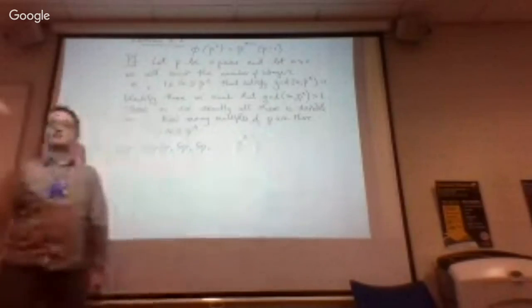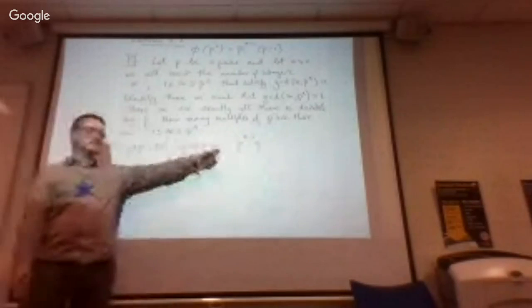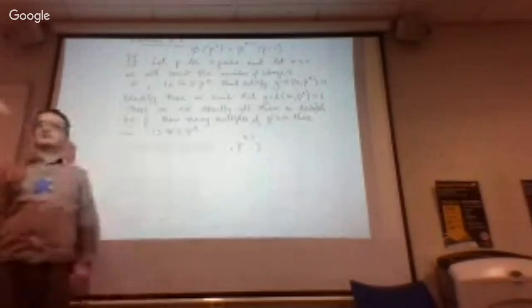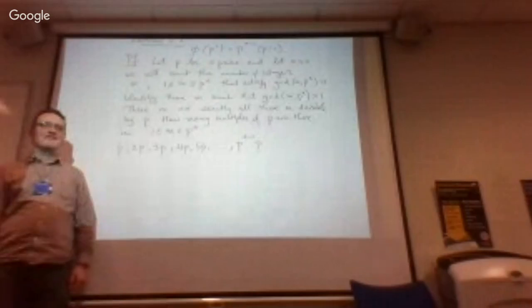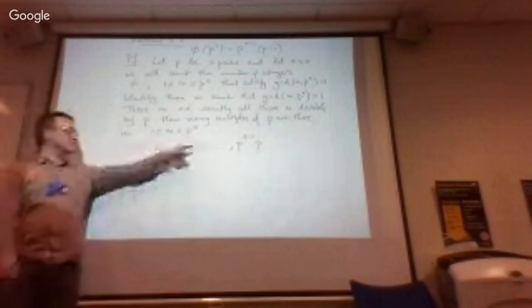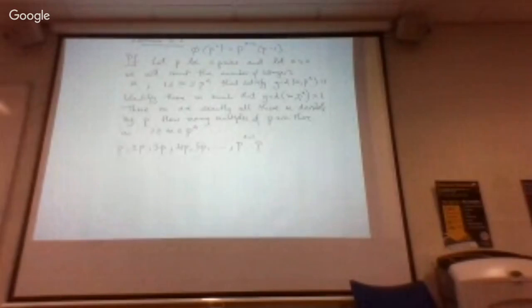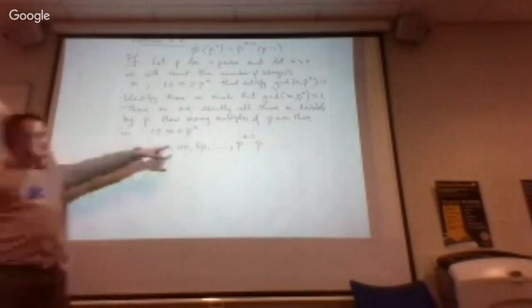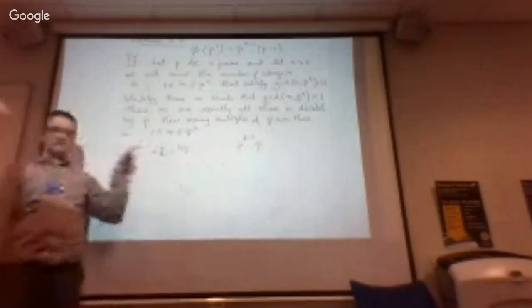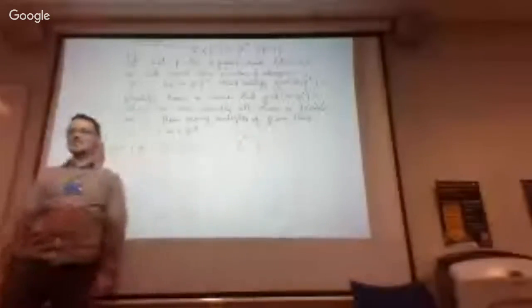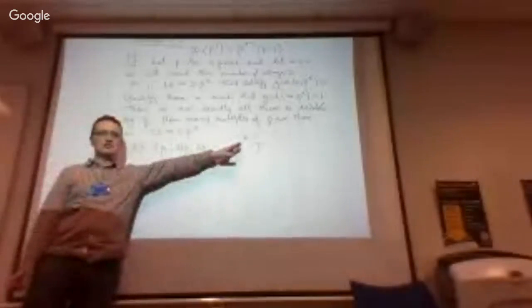So how many numbers have I listed there? It's unclear because there's a dot, dot, dot in the middle, but if you imagine the complete list, how many of them are in the complete list?